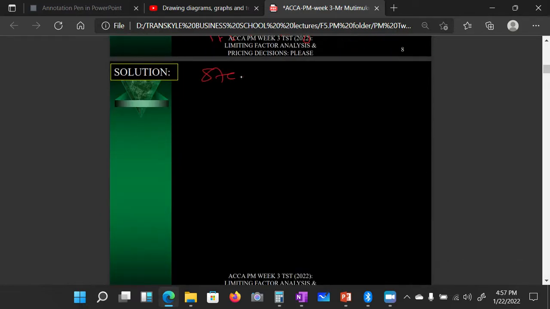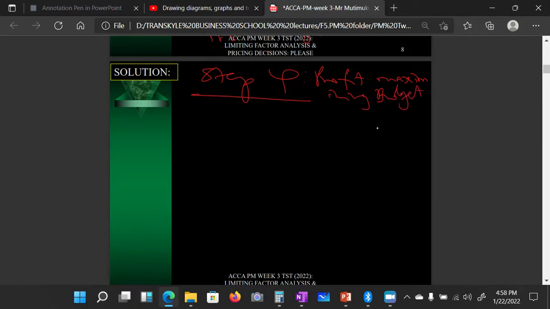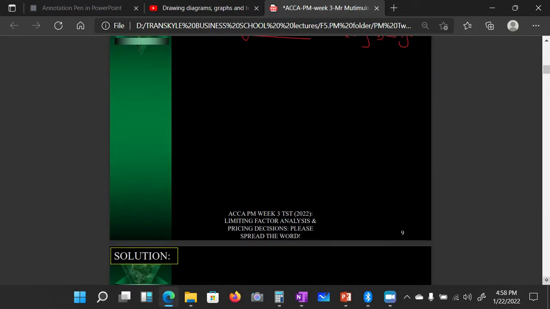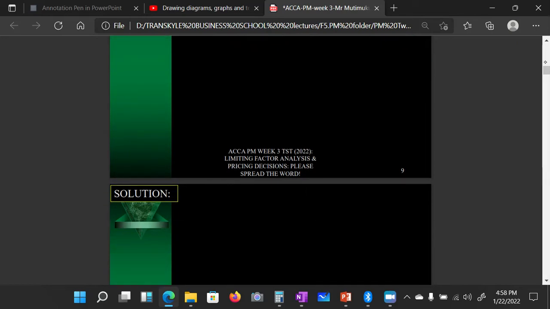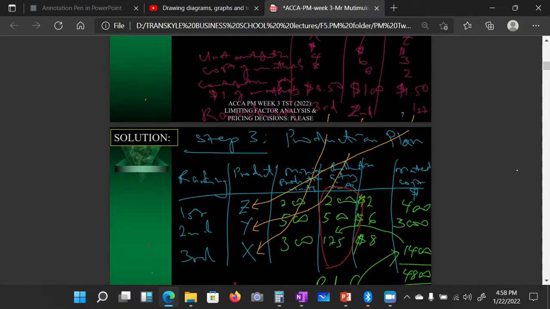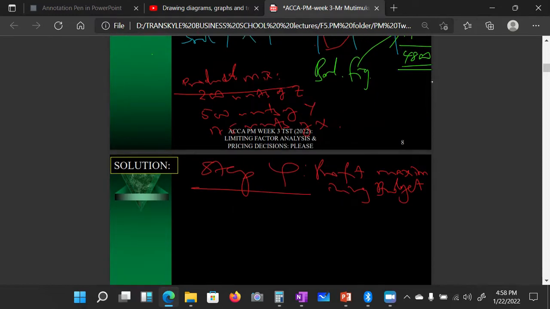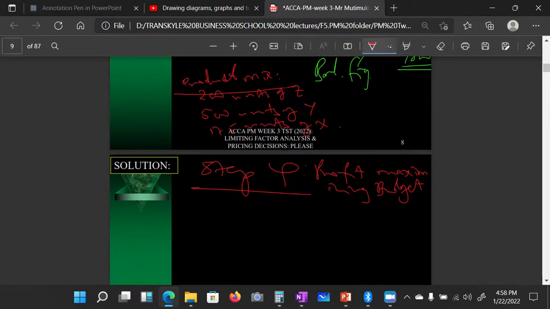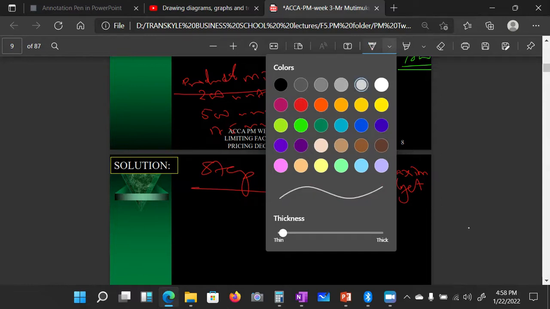Now, step number 4: the profit maximizing budget. The profit maximizing budget, ladies and gentlemen, is not a trick thing at all. You just have to draw tables and then you are done.